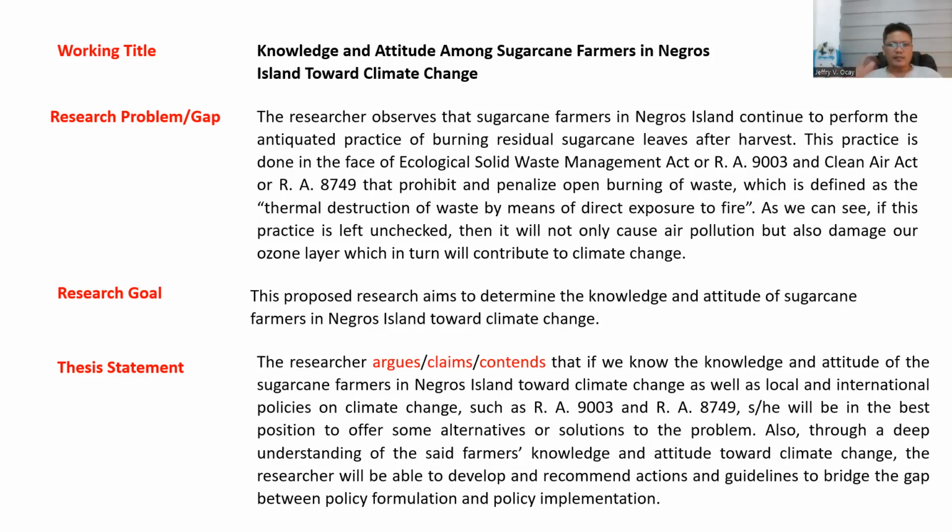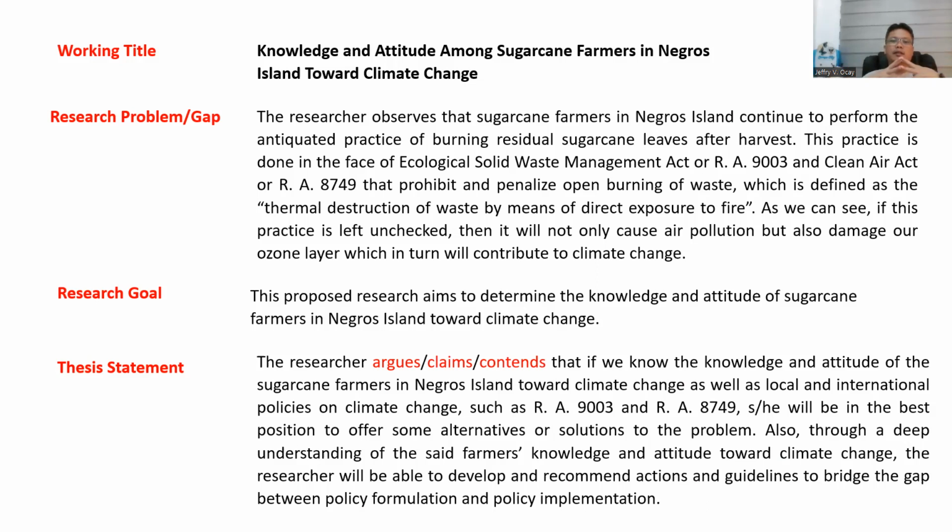So just a very brief discussion on this. The idea here is, look, there are already policies about the burning of residual sugarcane leaves after harvest. There's already a policy or law on open burning of waste, at least in the Philippines.